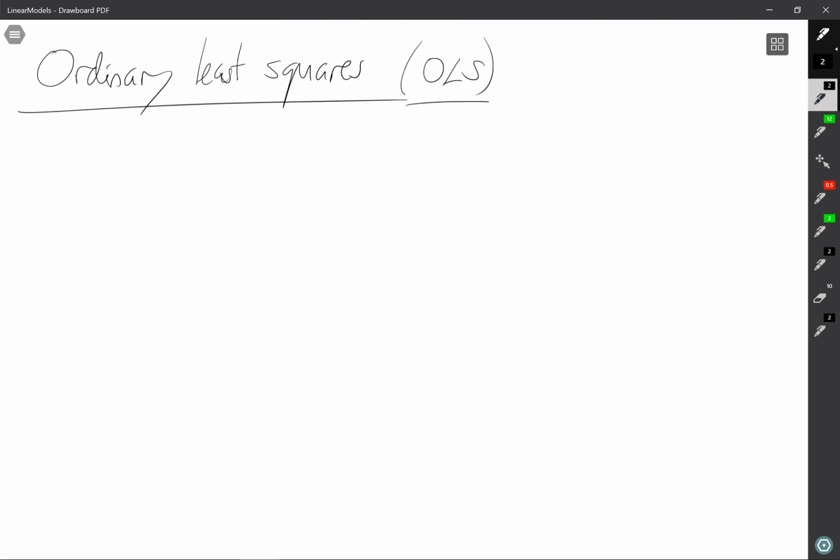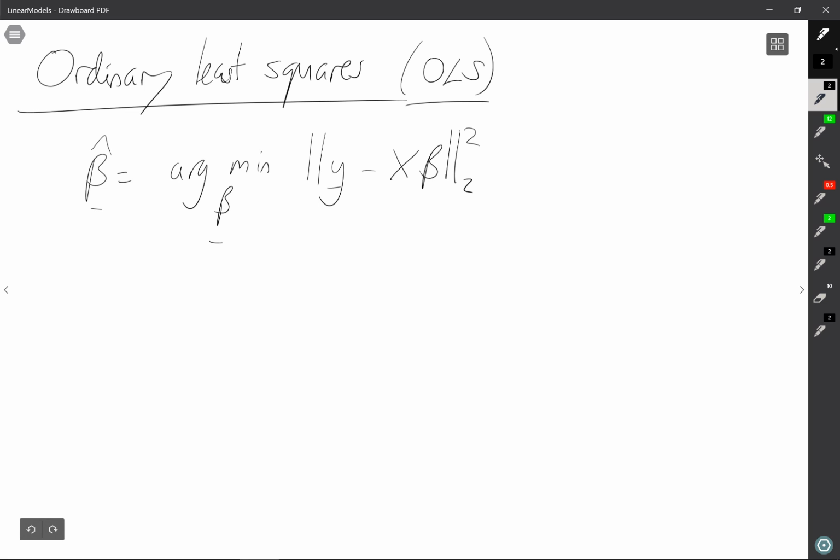So how do we estimate the parameters beta? Well, one way is to minimize the sum of squared errors. So we choose beta hat as the value of beta that minimizes the sum of squared errors. The sum of squared errors can be written as the norm of y minus X beta, squared.